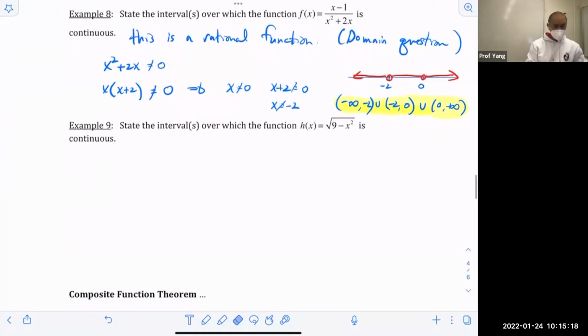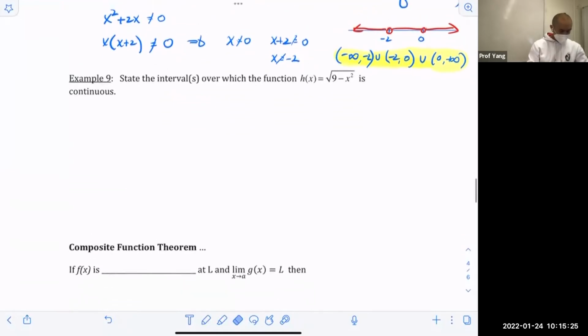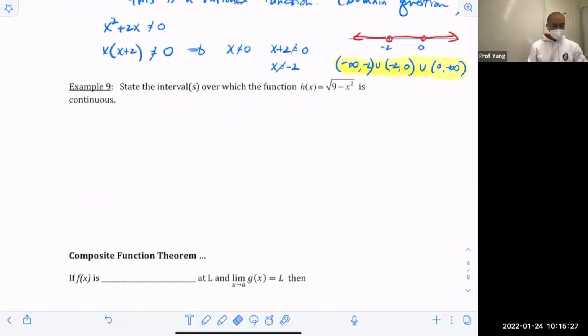Example 9 is the one that I really wanted to talk about, but example 8 is a good warm up for it. In this case, you want to state the intervals over which this function, h of x equal to the square root of 9 minus x squared, is continuous.